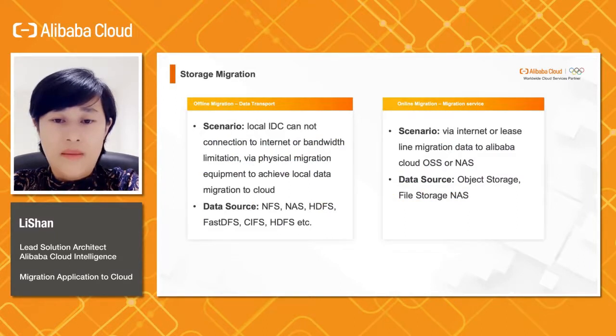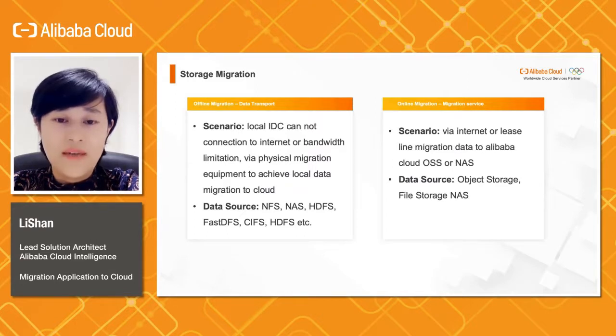Storage migration. We provide online and offline data migration to Alibaba Cloud. Offline migration. The scenario is for when the local IDC cannot connect to the internet or has bandwidth limitations. So we can use Data Transport, provided by Alibaba Cloud, to migrate local data to the cloud.